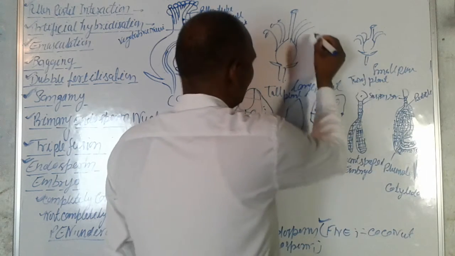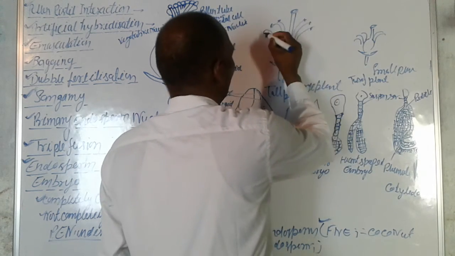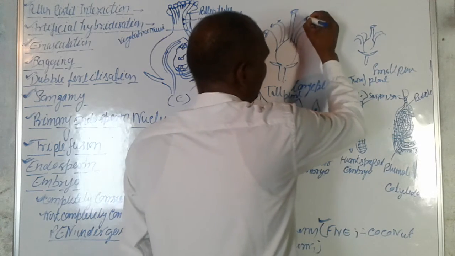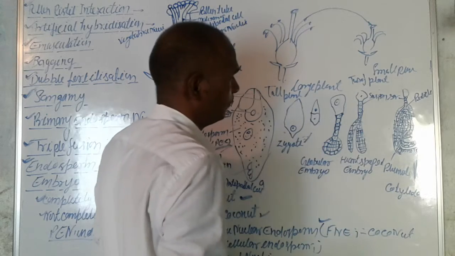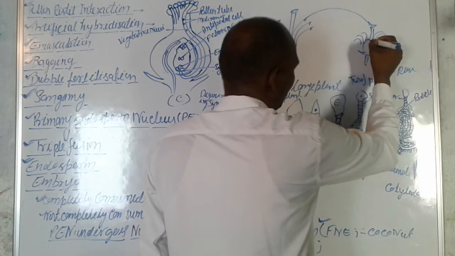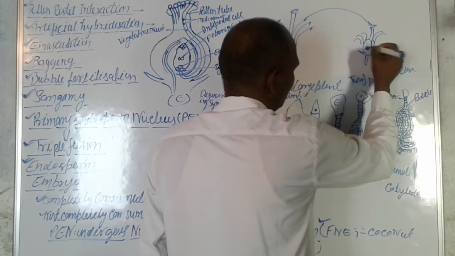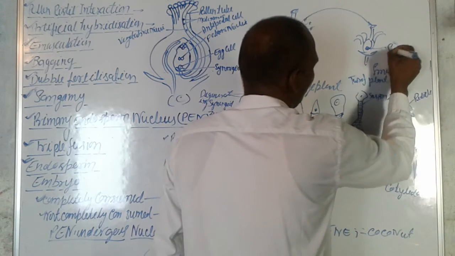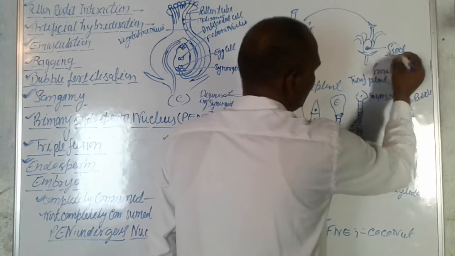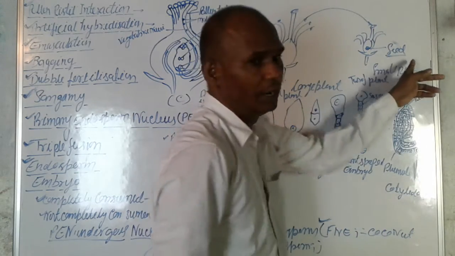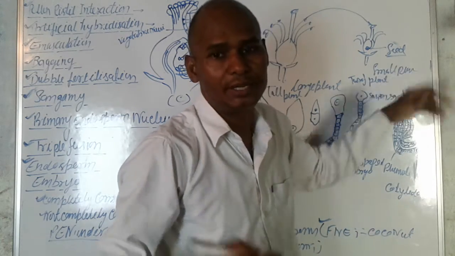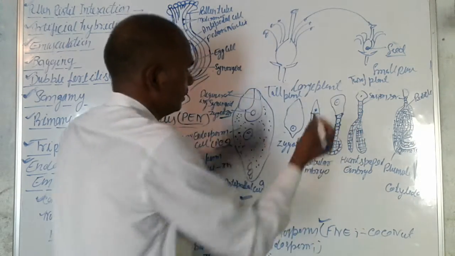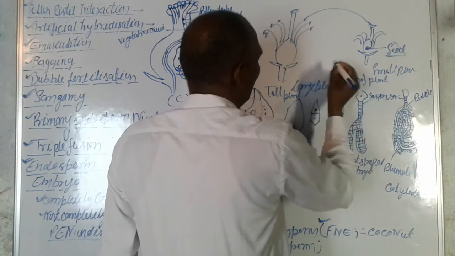Okay, this pollen grain is transferred to this stigma, and we get the seed, and the seed germinates in the next generation. This is the process of hybridization.